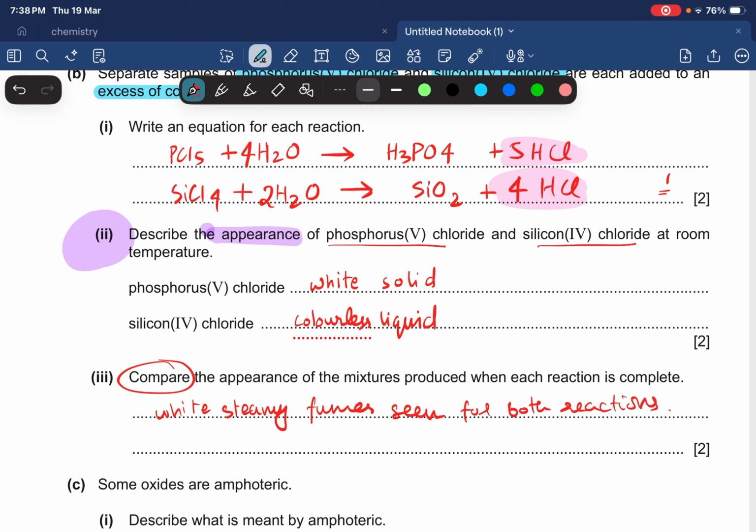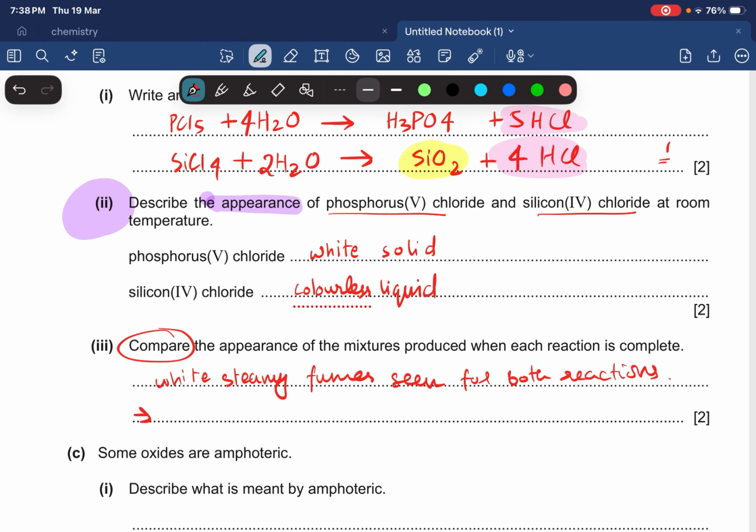And secondly, over here, you can see that we have one additional thing. We're forming SiO2. So with silicon chloride, we're going to see a white solid, because SiO2 is a white solid, but over here, we're going to form two aqueous solutions. You're going to see no solid.